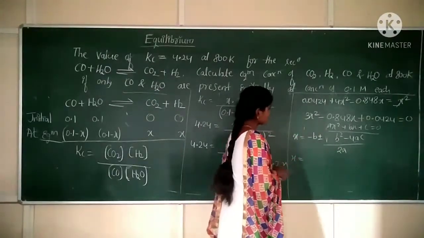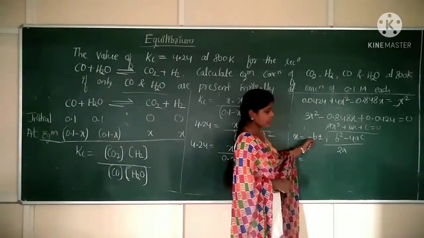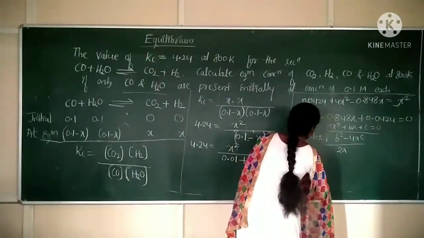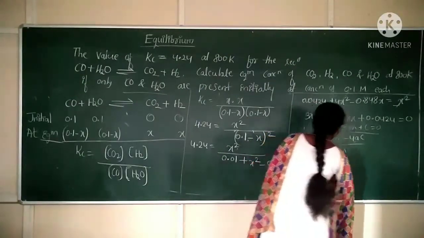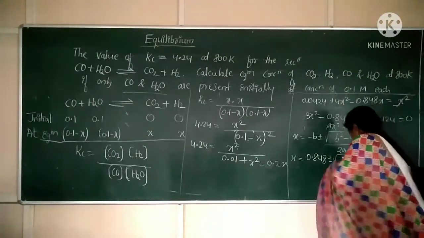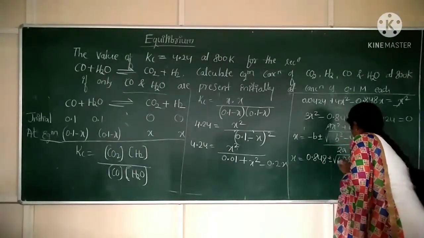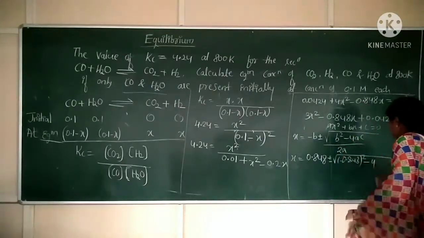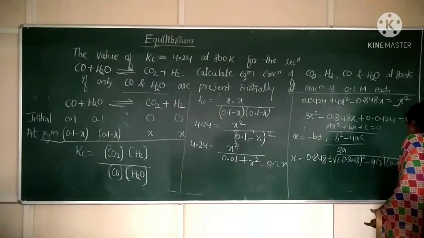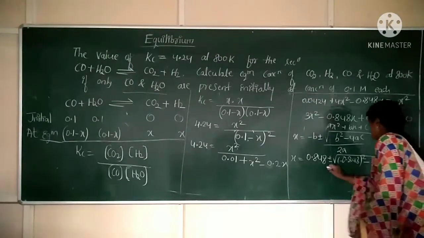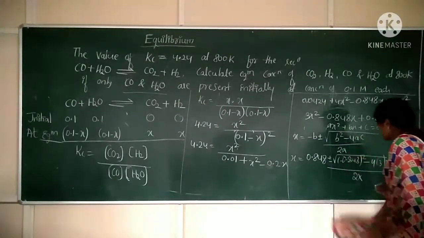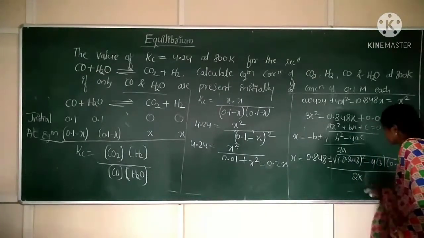Minus b, minus into minus, will be plus 0.848, plus or minus square root of b square, what is the b value here? 0.848 whole square, minus 4, what is the a value here? 3. And c value is 0.0424, whole divided by 2a, 2 into 3.